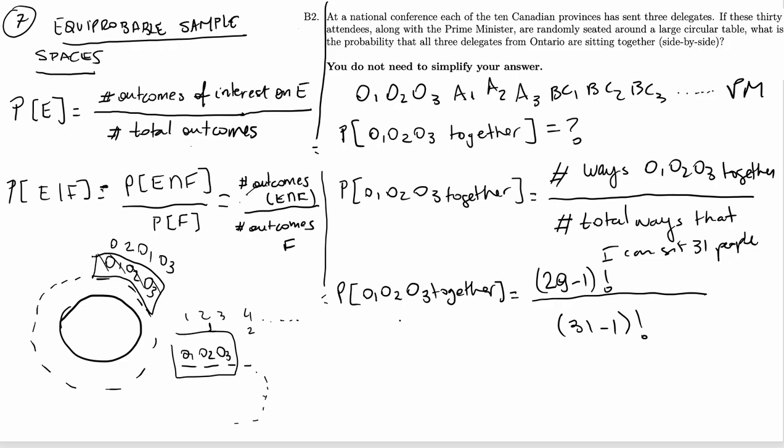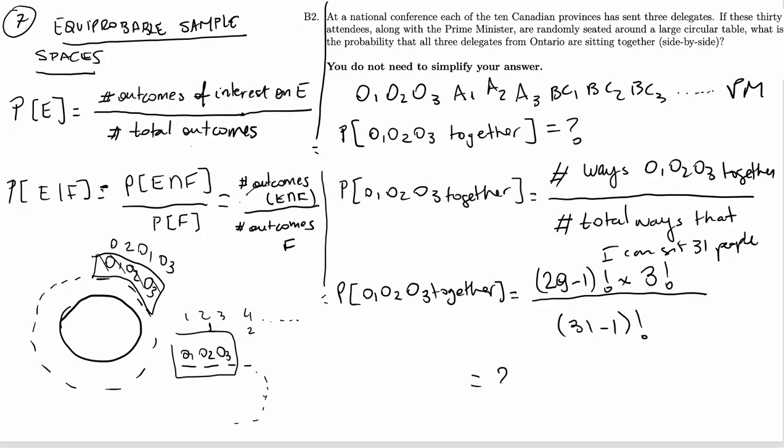3 factorial, right? So actually, the cases of interest are not just 28 factorial. It's 28 factorial times the permutations you can do inside the super slot, so times 3 factorial. Okay, and that's the answer.